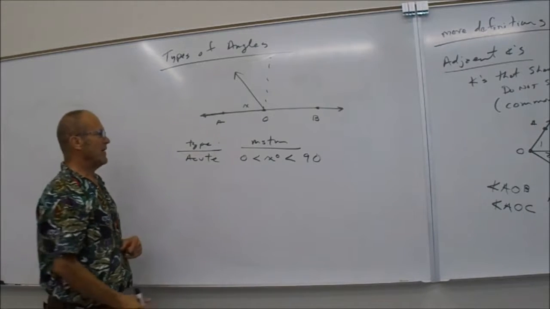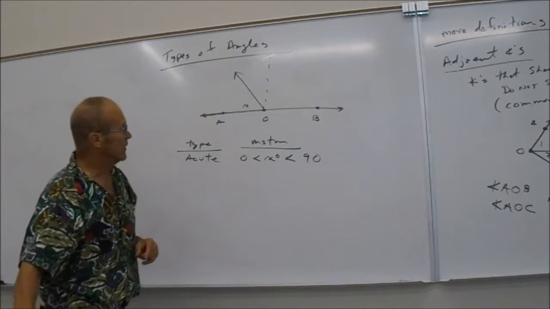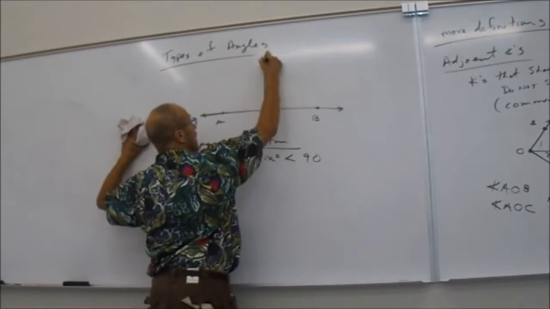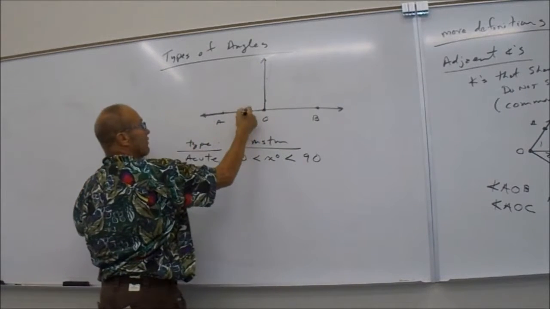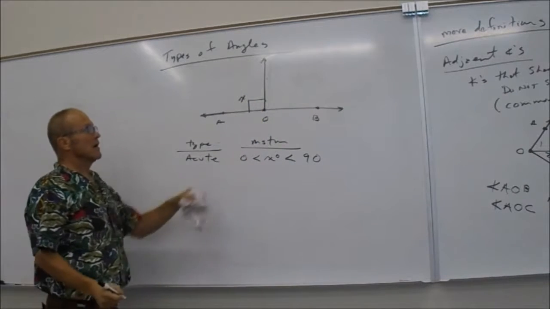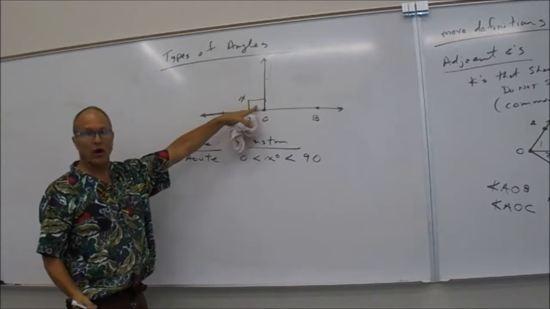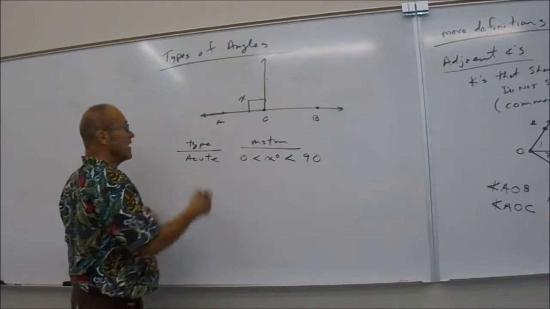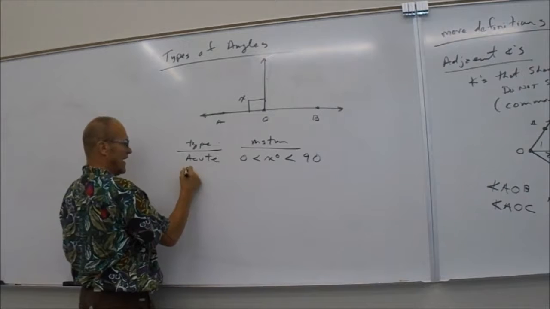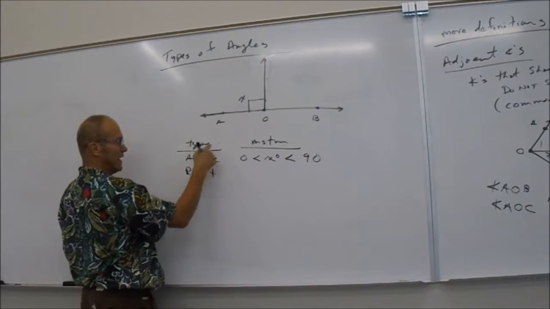And the second type, let's say you take it and you move it straight up. Now this angle right here, x, we typically put a little box to indicate that this is exactly what we call perpendicular, and that would be called a right angle.